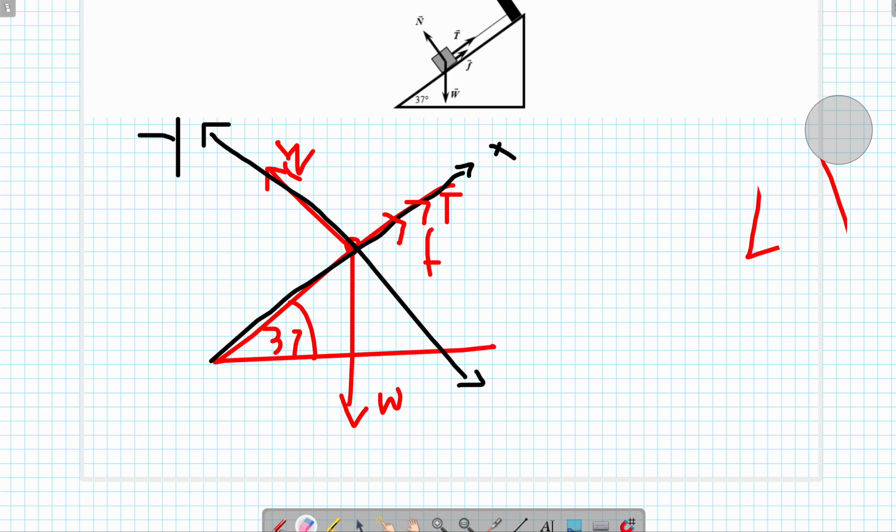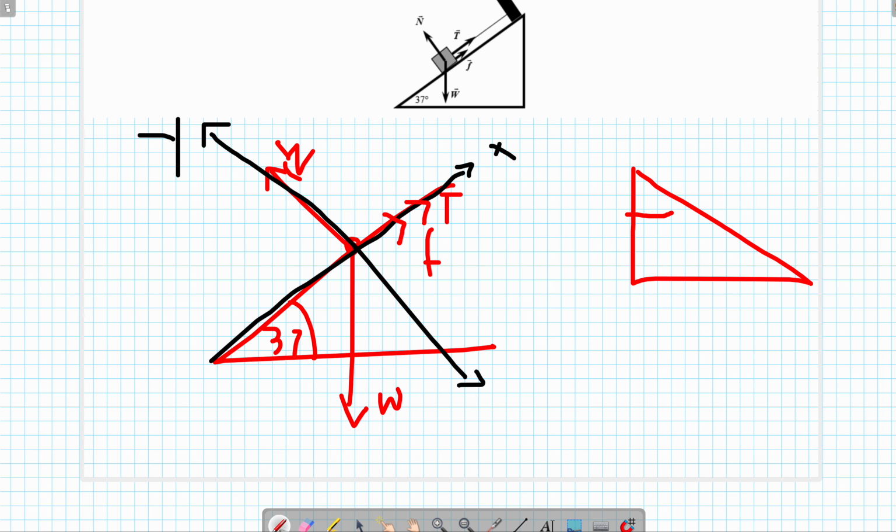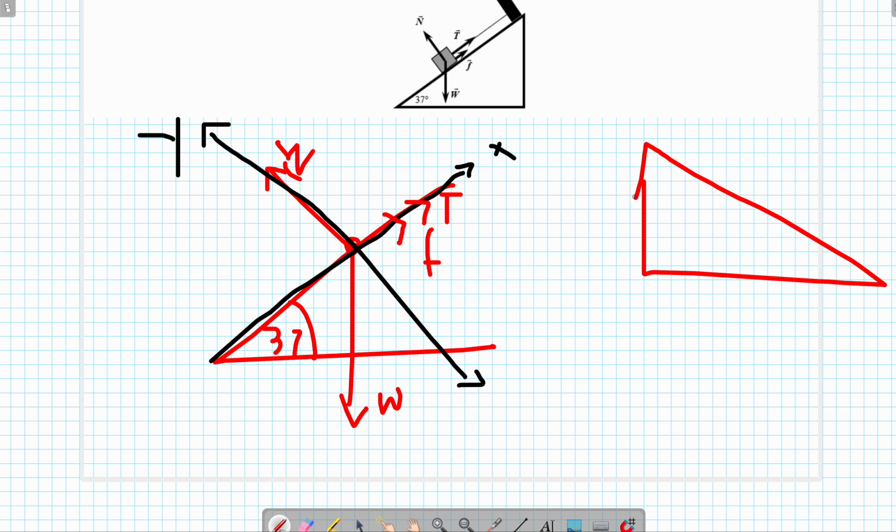Let's just do a normal right triangle. Normal right triangle. This is 37. Alright? We need the y component, which will be, oh my gosh.